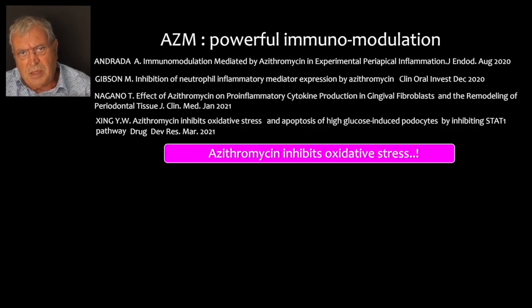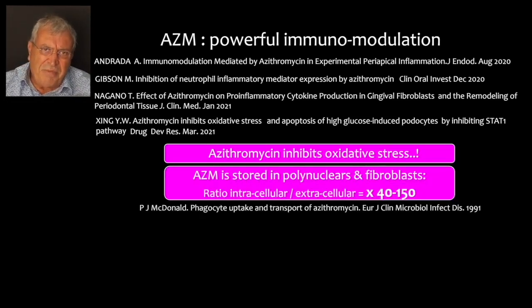Azithromycin inhibits oxidative stress. Azithromycin has a specific target, the soft tissue. It's stored in the polynuclears and the fibroblasts, but with a very high ratio, up to 150 compared to the extracellular fluid.